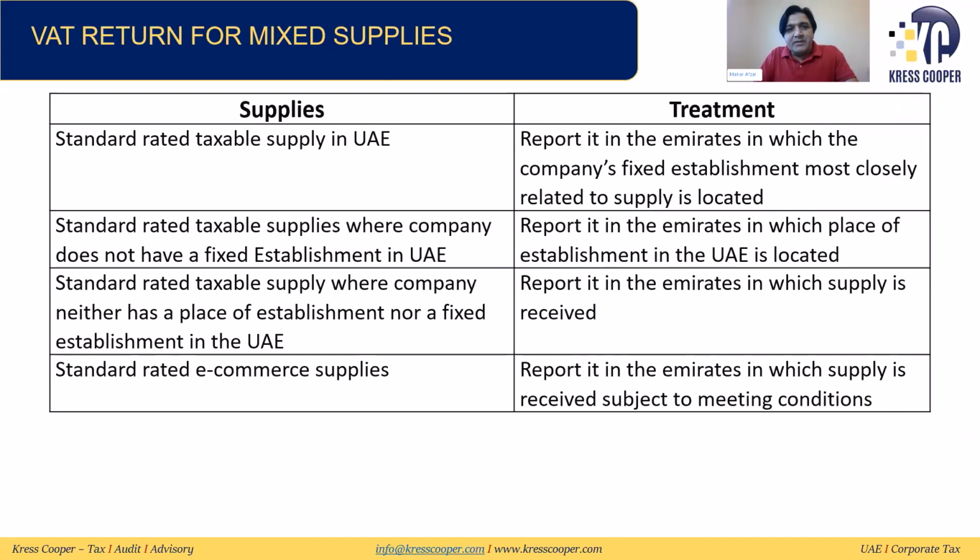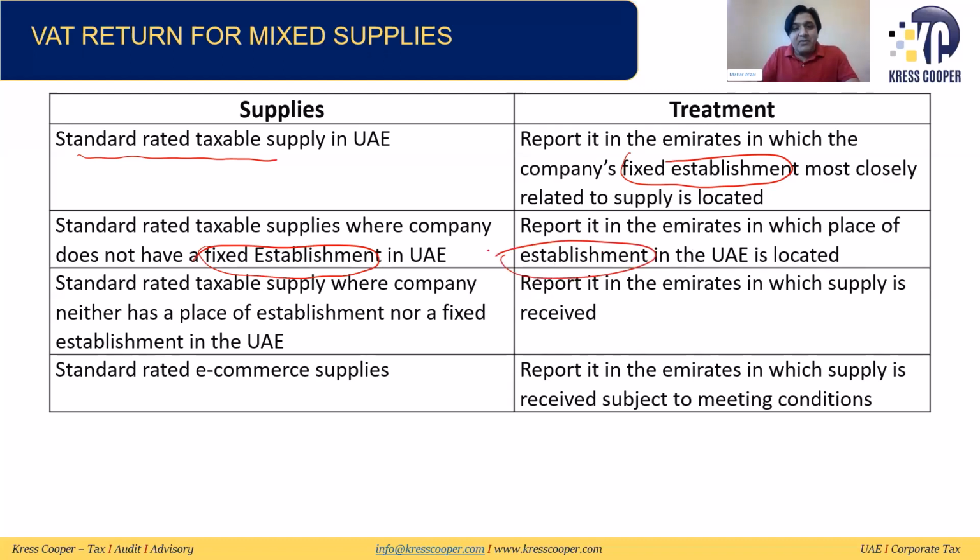Standard rated taxable supply in the UAE, where the company has a fixed establishment: report in the emirate in which the company's fixed establishment most closely connected to the supply is located. Where there is no fixed establishment, then we need to identify the place of establishment. If the company does not have a fixed establishment, then report in the emirate in which the place of establishment in the UAE is located.